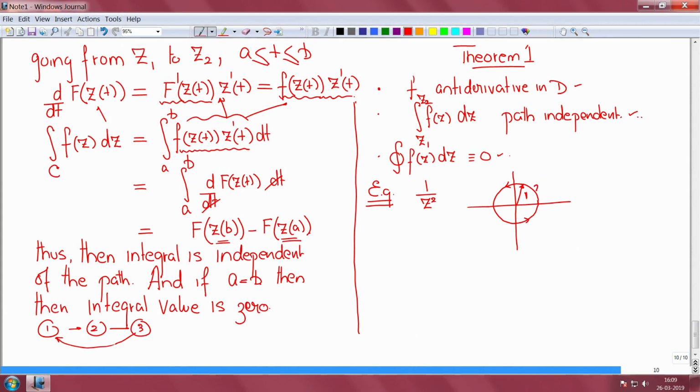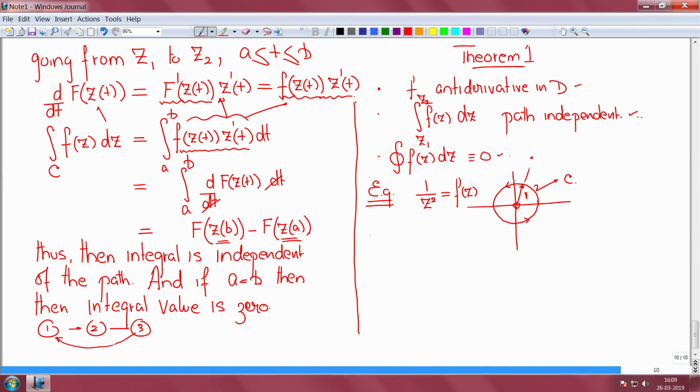This is my C. Now the domain of this function is obviously the entire complex plane minus the origin. Except the origin, the function is well defined all the way up to infinity.